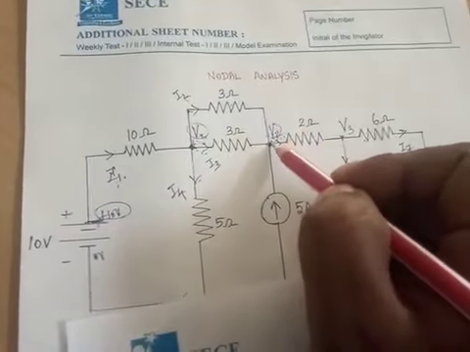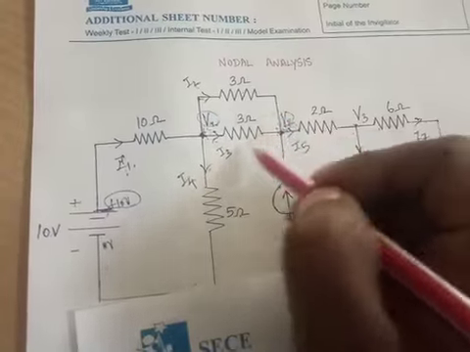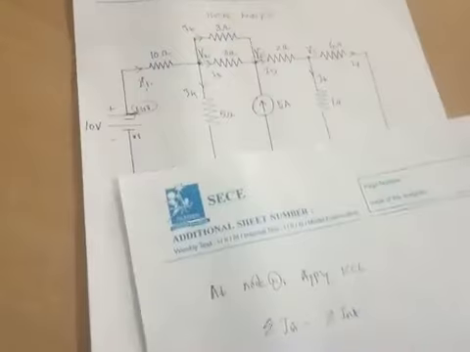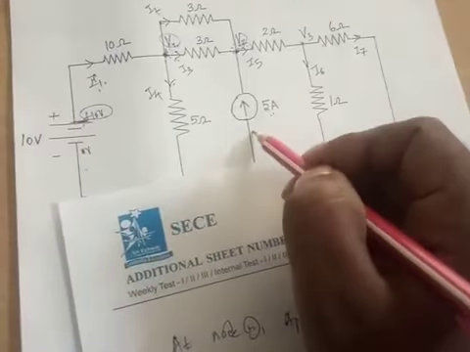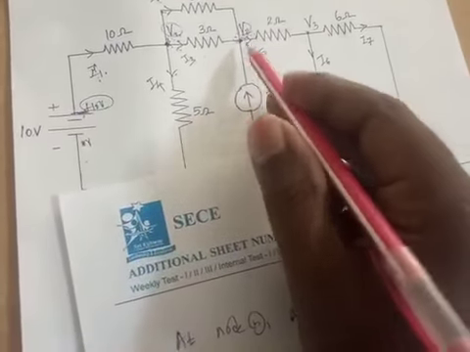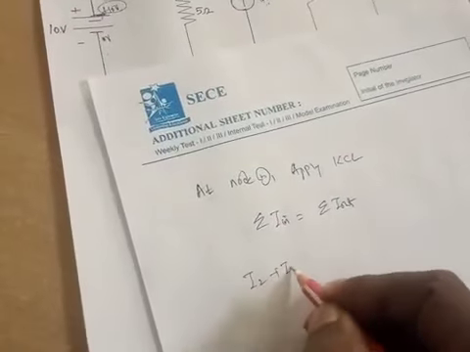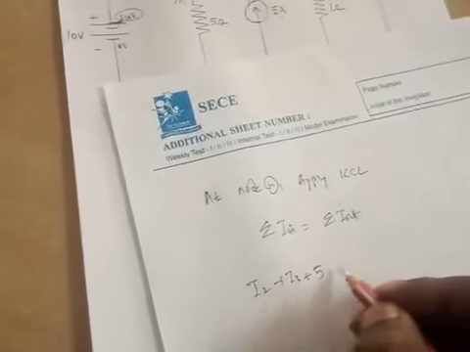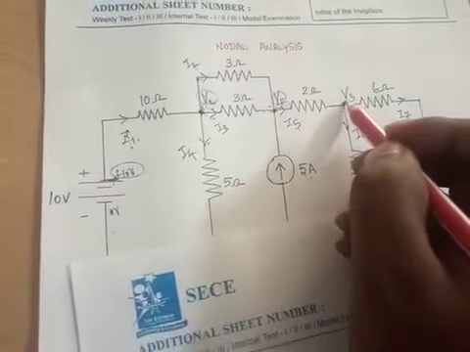With respect to node 2, I3, I2 are incoming currents. And what about your 5 ampere? Your 5 ampere also flowing towards the node. So I can write I2 plus I3 plus 5 equal to your I5 current, which is outgoing current.